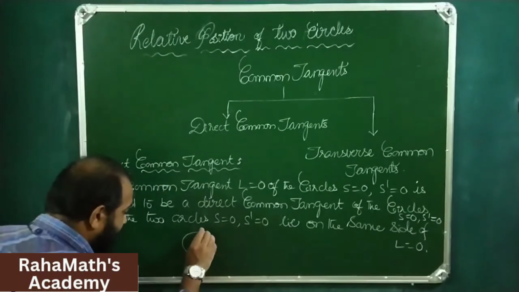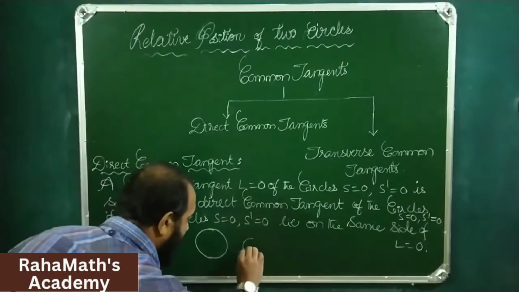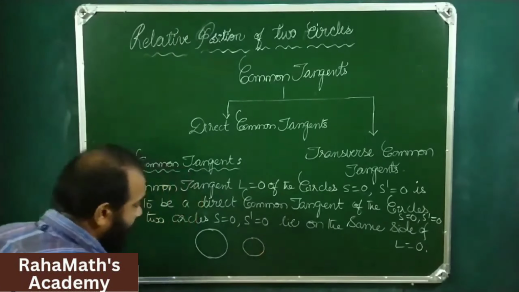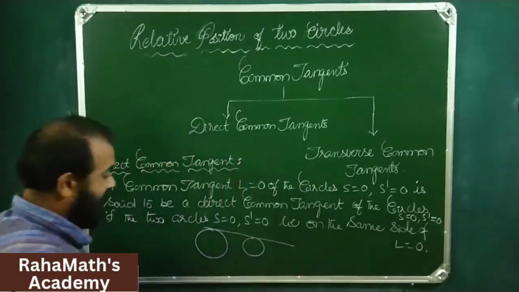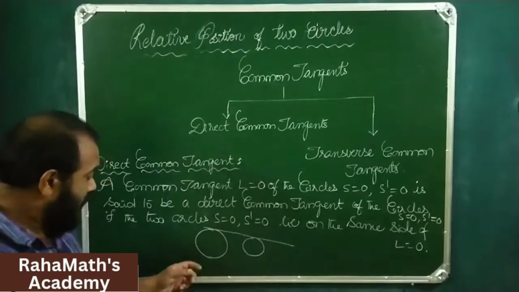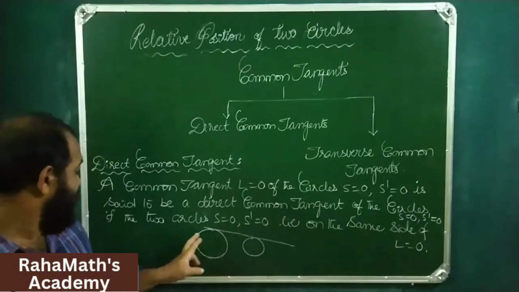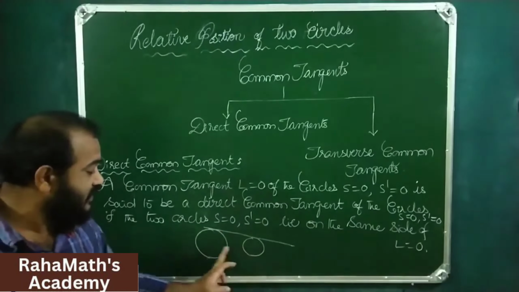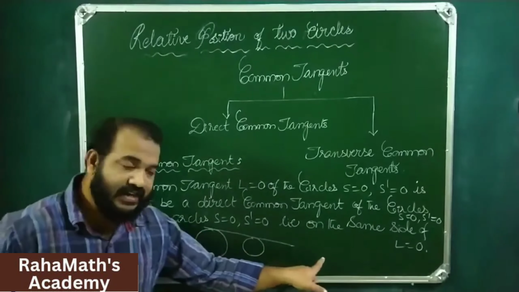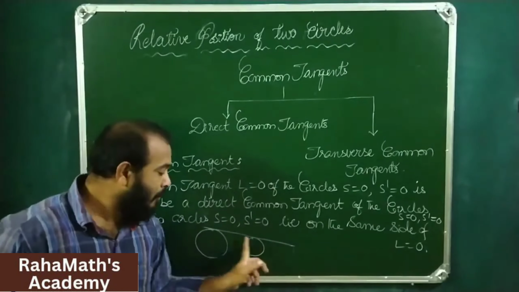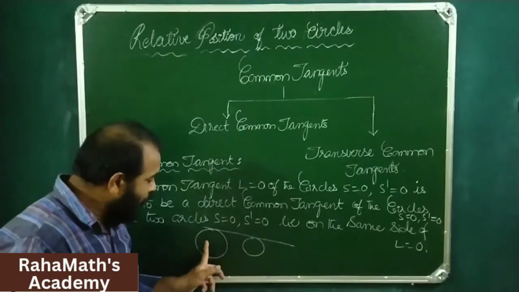That means, let us take two circles. This is one circle and this is another circle. This line is a tangent, as we have discussed before. If these two circles lie on the same side of L = 0, this line is common to both of them. This line at a time is touching both the circles.